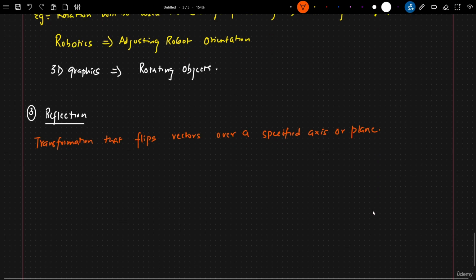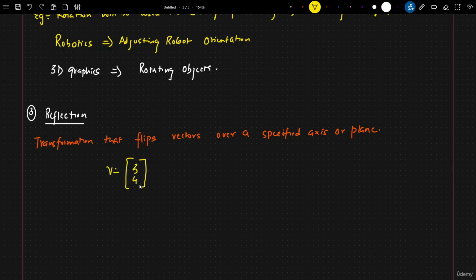Let's say that I have a vector v, it is (3, 4), and we need to flip across the y-axis. So if you are flipping across the y-axis, what will happen? If I have this (3, 4), this is my 3 and this is my 4.